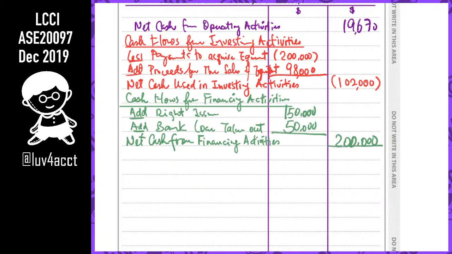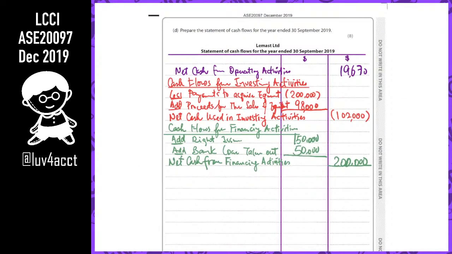Then these three added together: 19,670 minus 102,000 plus 200,000. Oh, is it?